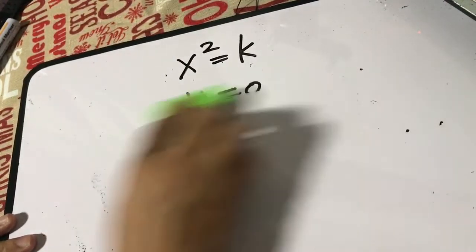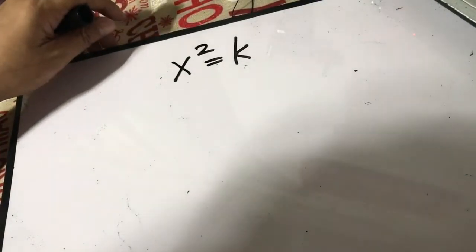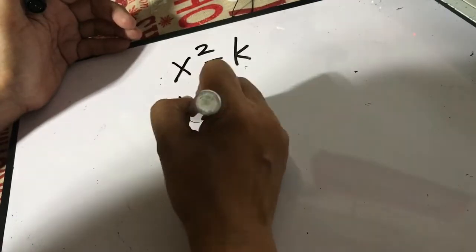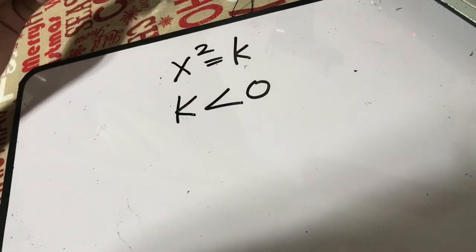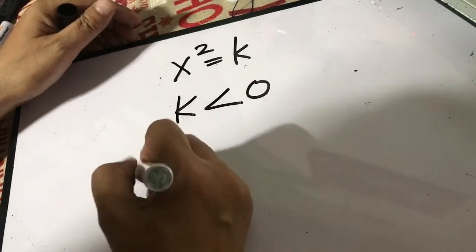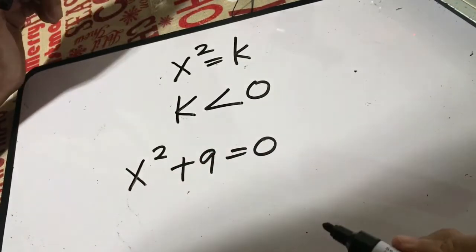Okay. Another property is if x squared is equal to k and k is less than 0. Okay, how many solutions do we have? So let's say, for example, you have x squared plus 9 is equal to 0.